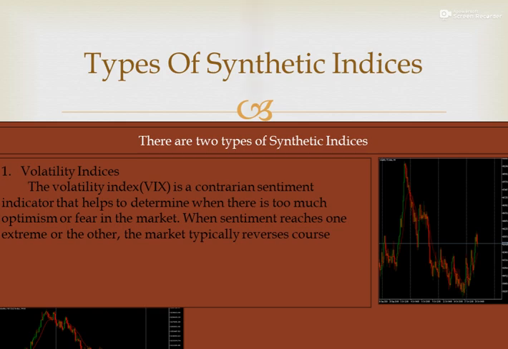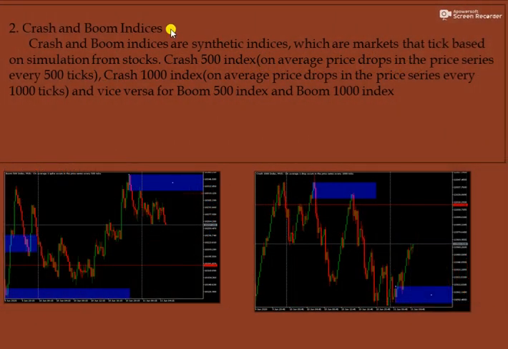Then the next type of synthetic indices are the crash and boom indices. The crash and boom indices are synthetic indices, markets that tick based on simulation from stocks. On the Crash 500 index, on average, price drops in the price series every 500 ticks.